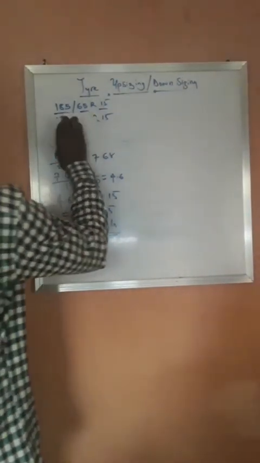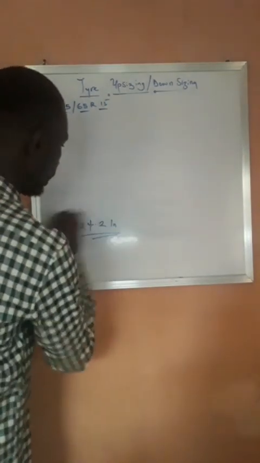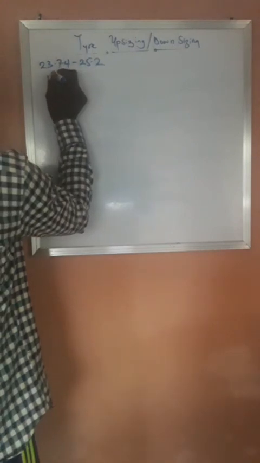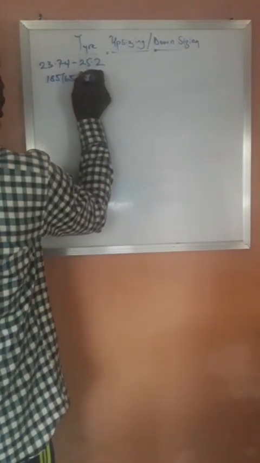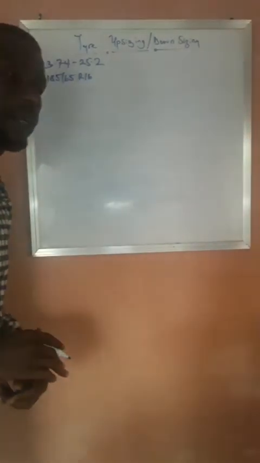Let us also try something else and see if it's going to be permissible. Another example, 185/65 R16. This time around, let us try to get a bigger rim size.